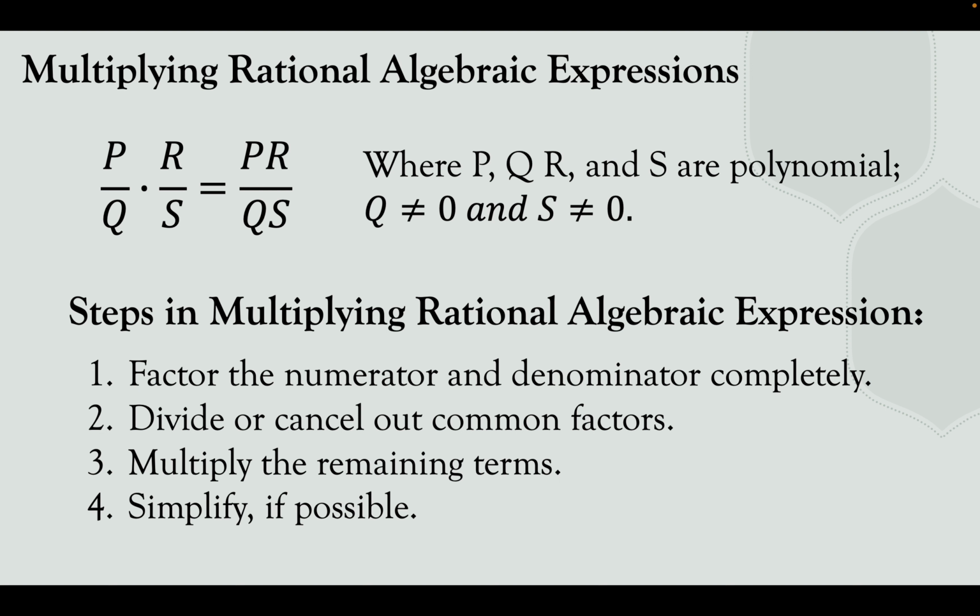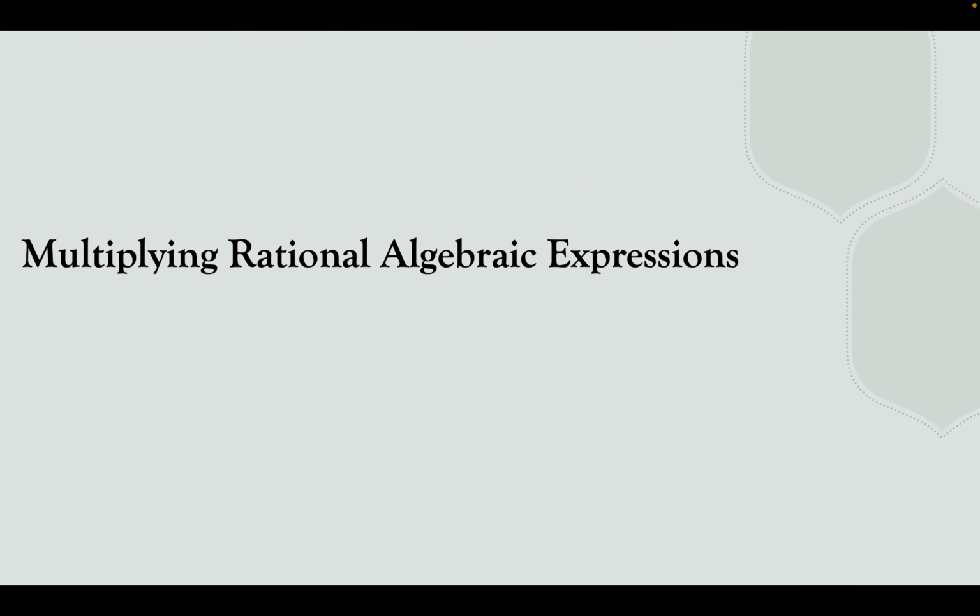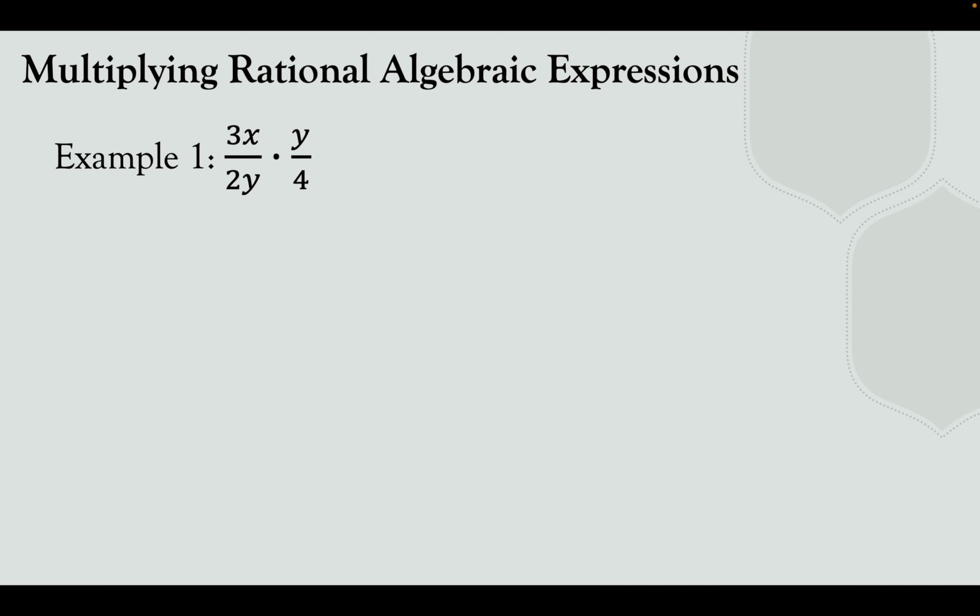It's for you if you first factor and then divide, then multiply and then simplify, or multiply and then factor out, divide, and simplify. So for example, we have here 3x over 2y times y over 4. For me, the most convenient way in multiplying rational algebraic expressions and simplifying it is to multiply numerator by numerator and denominator by denominator first.